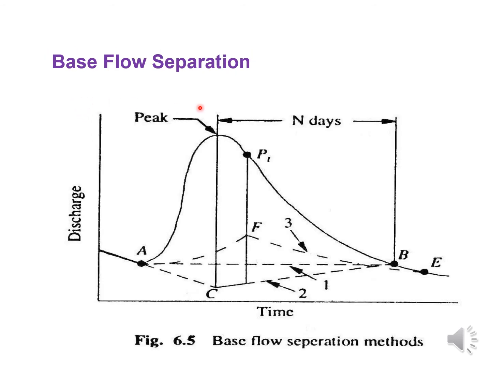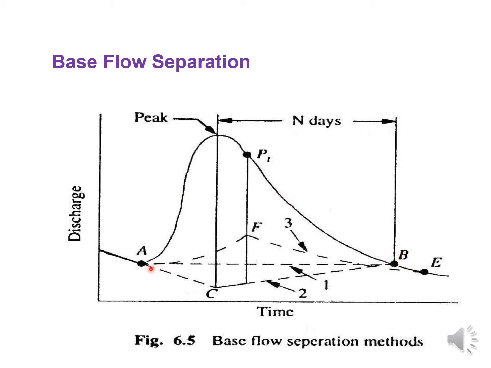Base flow separation. Base flow is the flow which is equivalent to infiltration, and surface runoff occurs just above it. Here, this is a hydrograph, and we can separate base flow by drawing a straight line from the starting point of rainfall A to the same discharge level at point B. Simply we can say this A is the starting point of the rising curve and this B is the ending point of a recession curve.